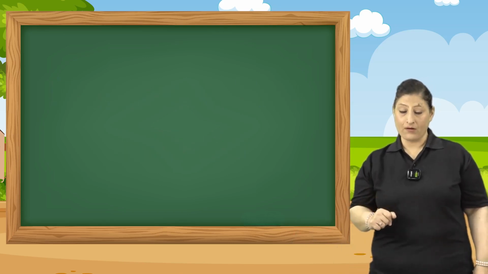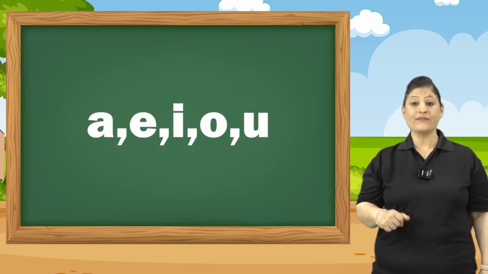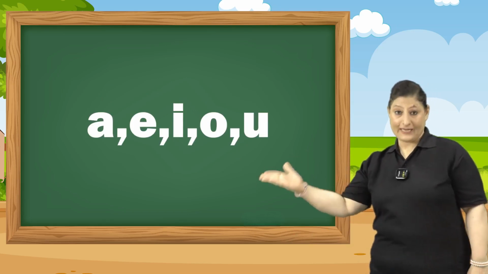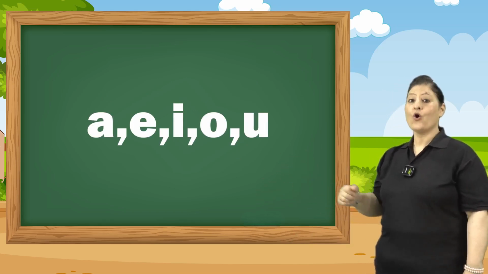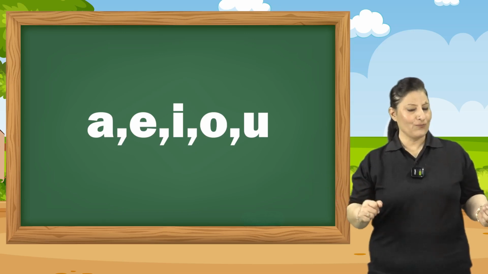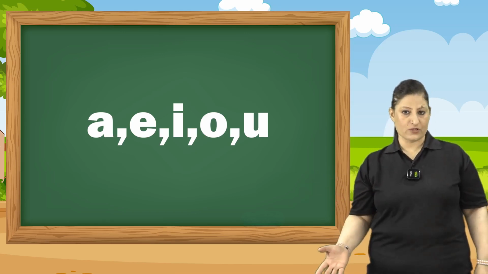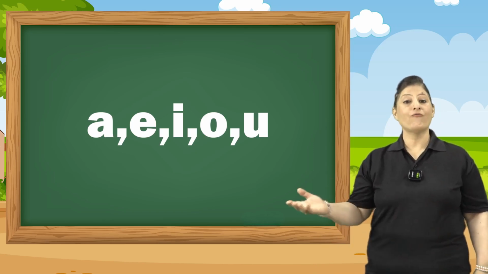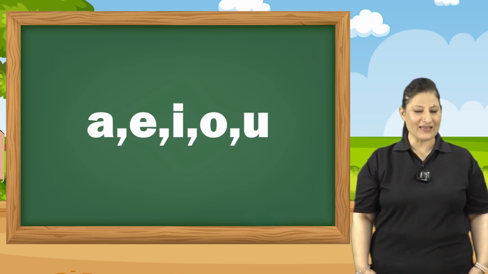Children, you remember that I have taught you about the vowels. Vowels are A, E, I, O and U. We make different words with the help of vowels and consonants.